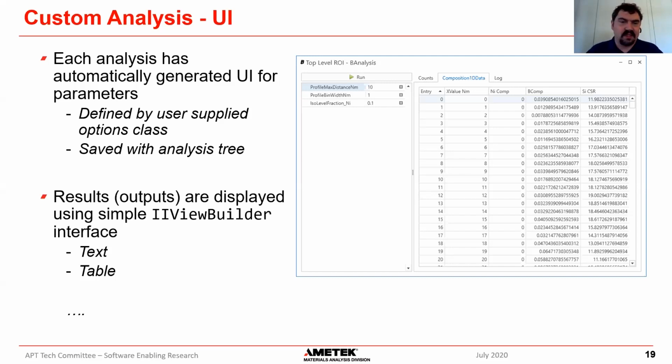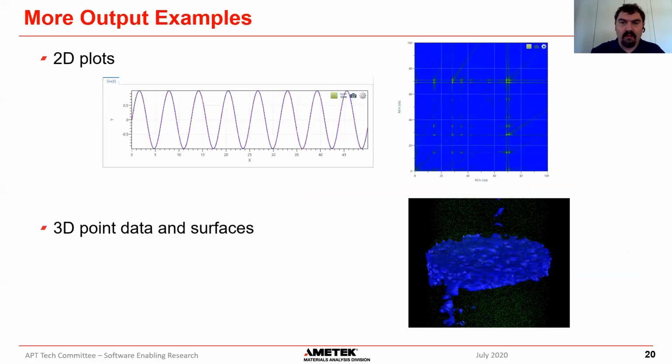So there is text and tabular data. The example here on the right side is tabular data. In this case, some compositional information. And then we can also have a few different types of visualization. You could have 2D plots, both line and histogram types of plots. And of course, histograms, you can do linear and log, you can change binnings and that sort of thing.